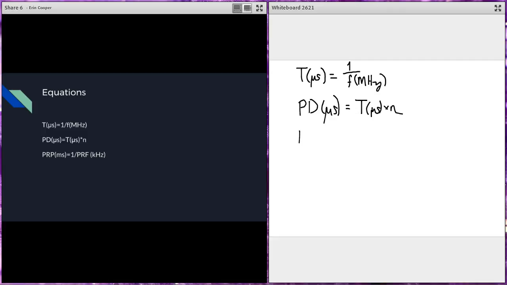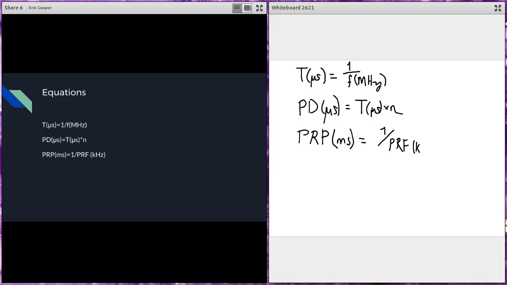And the last one, our pulse repetition period and our pulse repetition frequency are related. So our pulse repetition period, which is measured in milliseconds, that's a crucial difference here, milliseconds, is 1 over our pulse repetition frequency, which is measured in kilohertz.